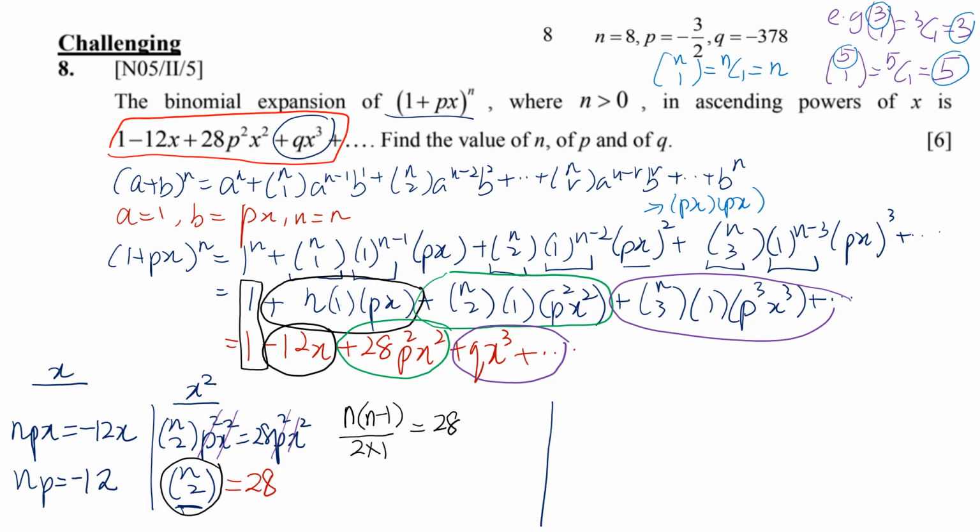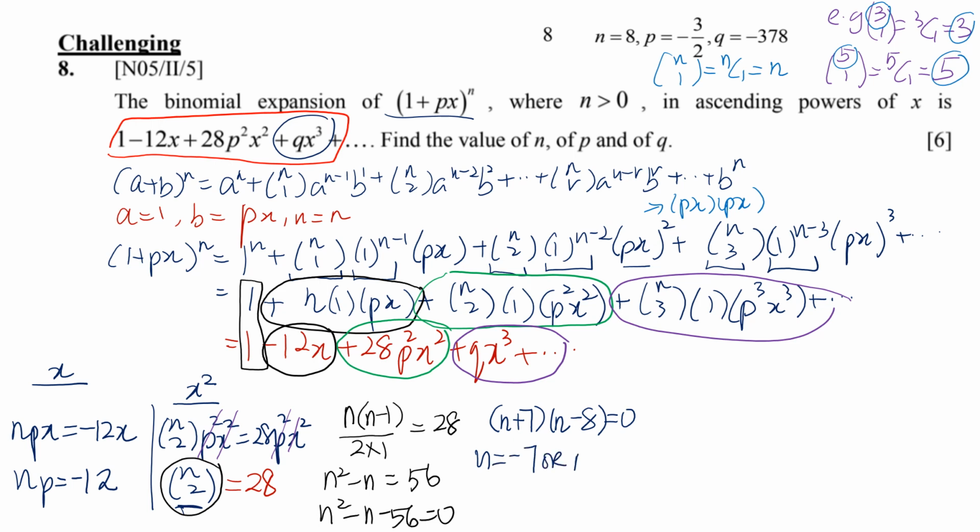Alright, so we can multiply by 2 on both sides, and then expand your numerator. So 28 times 2 will give you 56. So you end up getting a quadratic equation where you can factorize it. So you have n equals negative 7 or n equals 8.